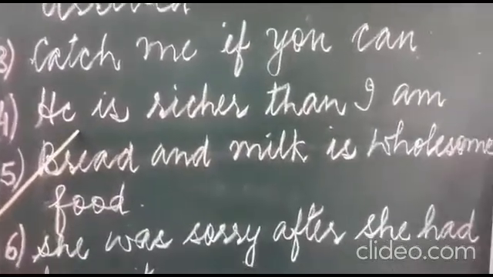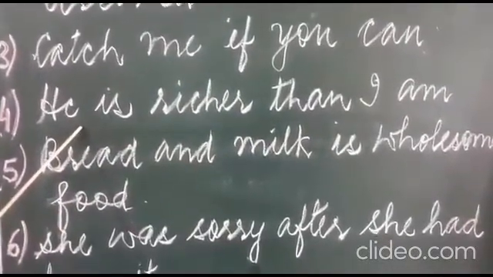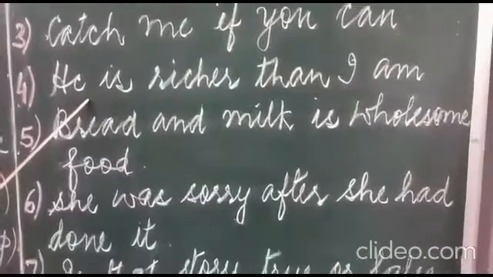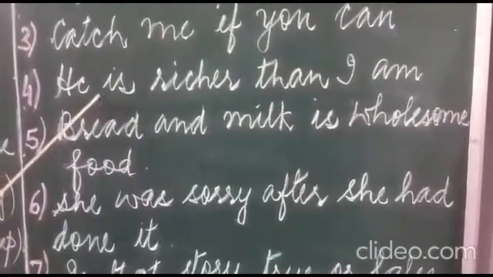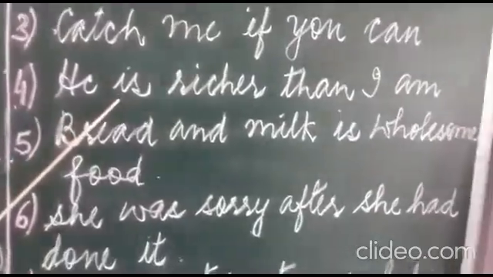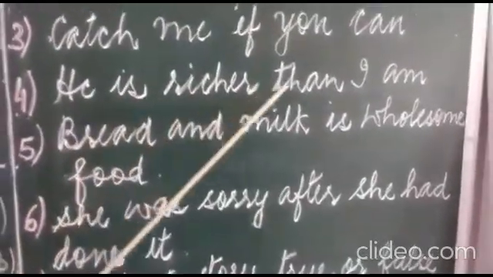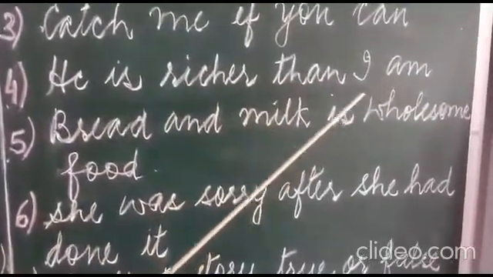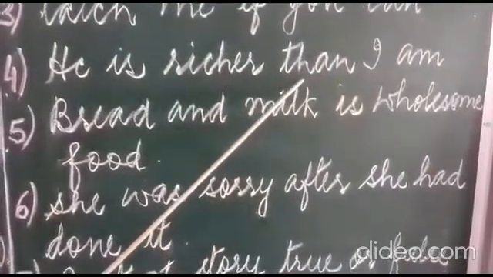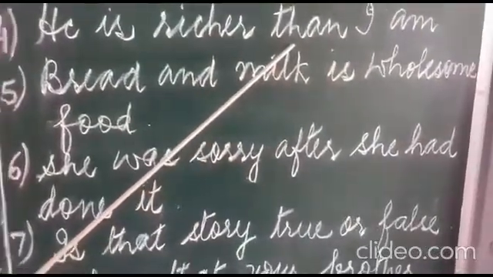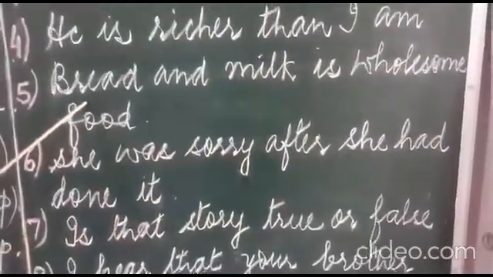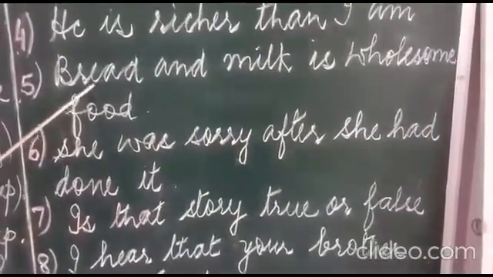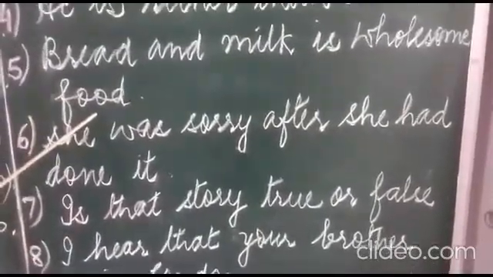Next, he is richer than I am. Find the conjunction. I'm giving you 1 second to try yourself. He is richer than I am. Did you find out? This is conjunction, than.